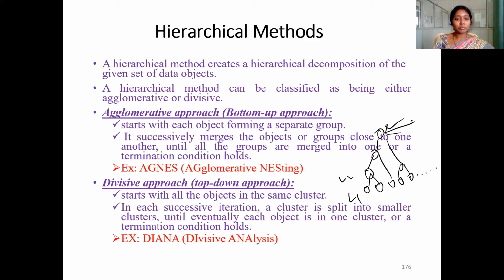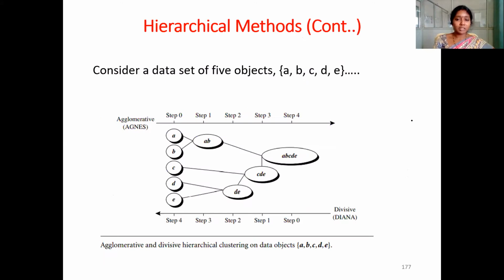So here Agnes is an algorithm under the agglomerative approach, and Diana is an algorithm under the divisive approach. Let's consider an example. Consider a data set of 5 objects A, B, C, D, E. Here the direction from left to right indicates the agglomerative approach, Agnes, whereas the direction from right to left indicates the Diana divisive approach.